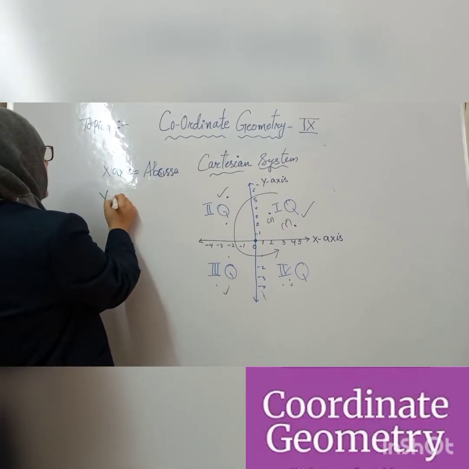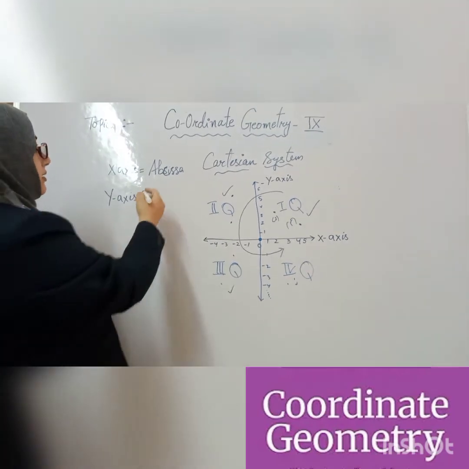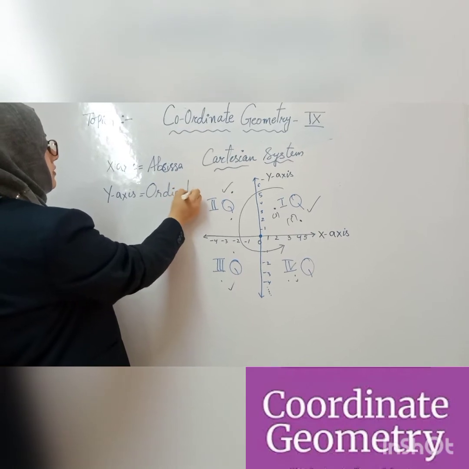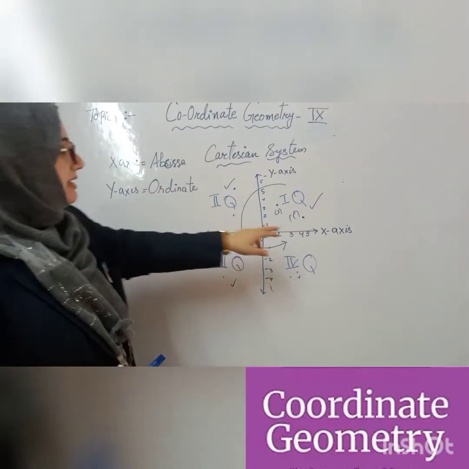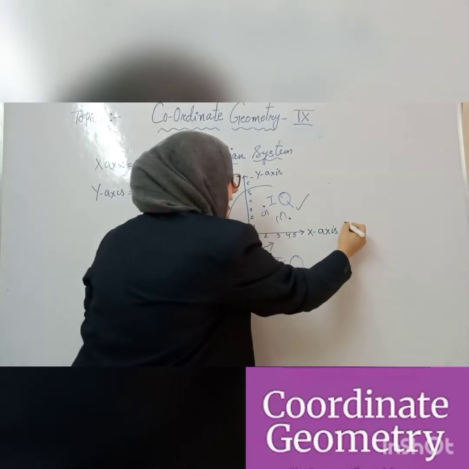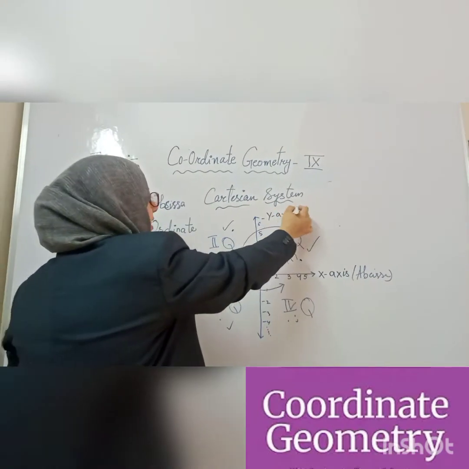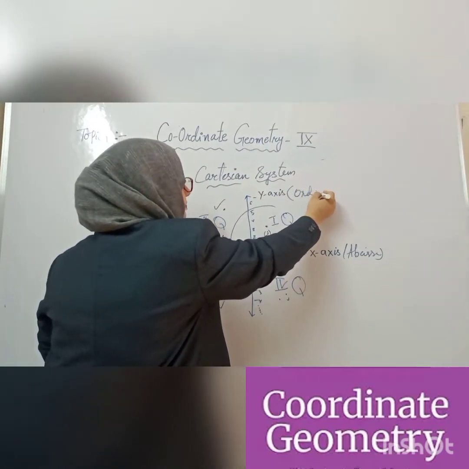And the y-axis is called ordinate. Please remember this, that the x-axis is also called abscissa and the y-axis is also called ordinate.